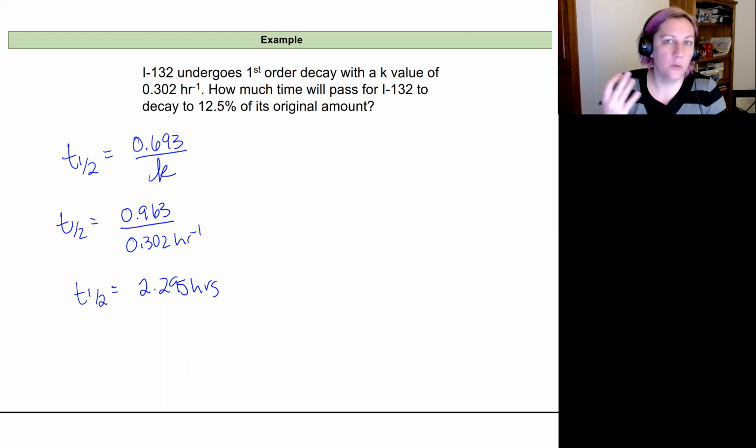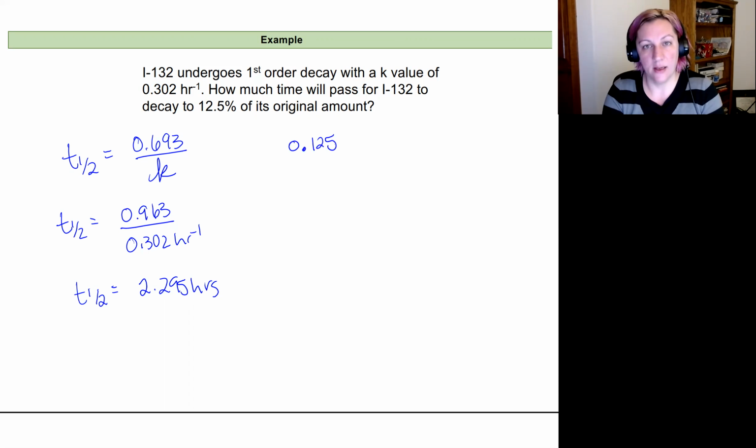And there's a few ways to solve this problem. If you do it differently, that's fine. So I'll just show you one tactic. So the 12.5% is really 0.125, right? So that is going to be the concentration that our reactant will be at relative to our first one.